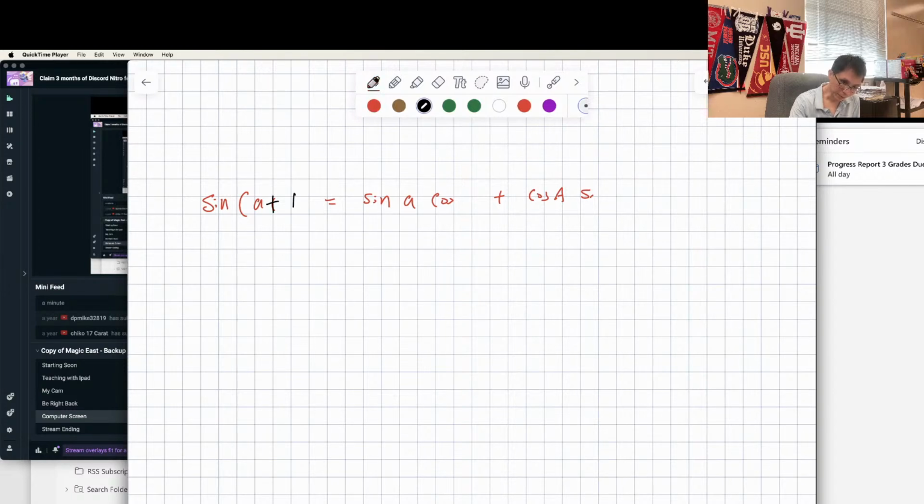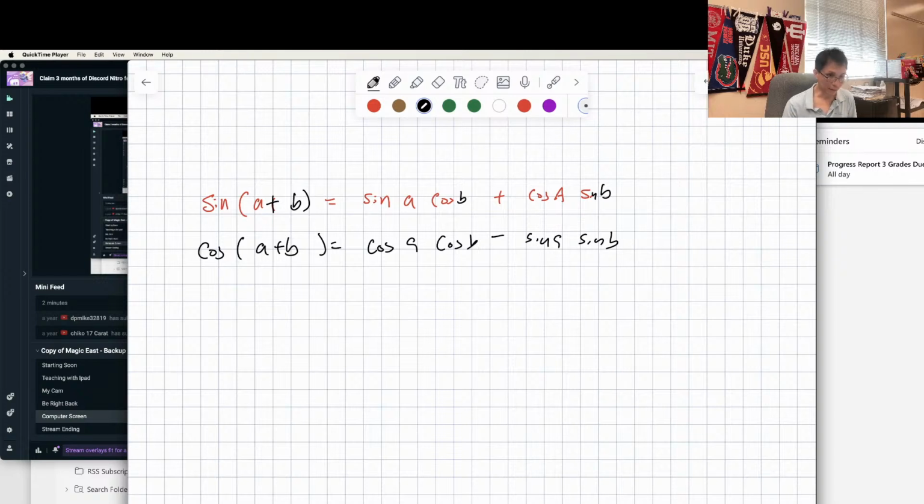A plus B. And the cosine of A plus B, I didn't do the minus one, so I'm just going to stick with the positive one. So it'd be cosine, cosine, sine, sine, and that's A, B, A, B, and this is a minus. So this is sum and difference.